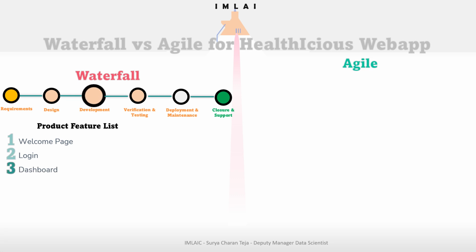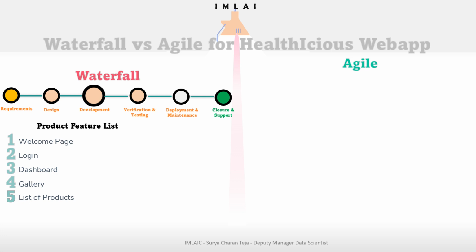Once you log in, you should find a dashboard. Along with the dashboard, you should have a gallery of all our products, not our products, your products, that's Healthicious company's products.